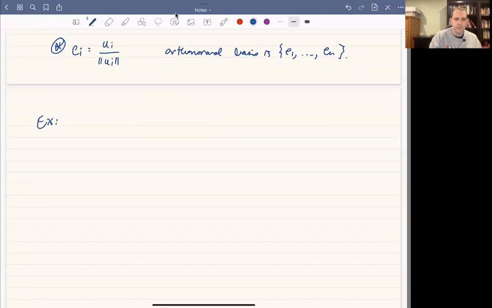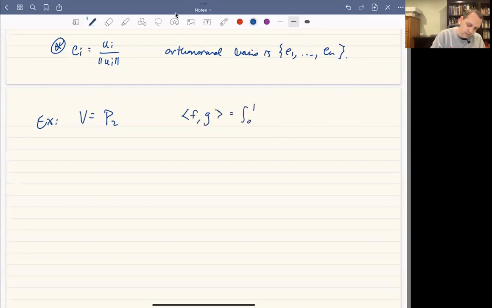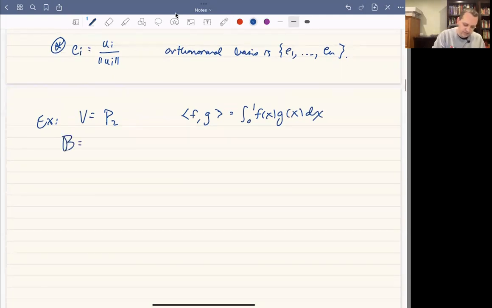Let's take V to be the vector space of polynomials with real coefficients of degree 2 or less. Our inner product here is going to be the integral from 0 to 1 of f times g. And I want to start with the standard basis, so let's start with the basis 1, x, x squared.